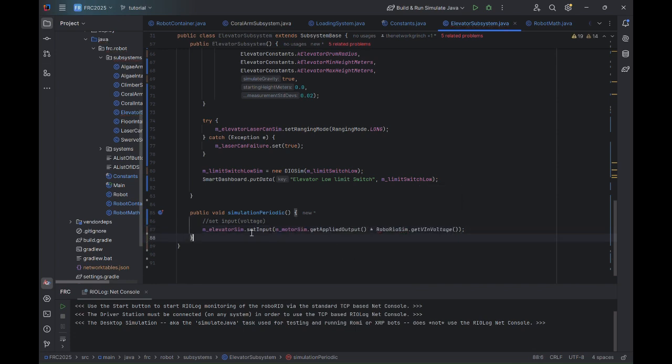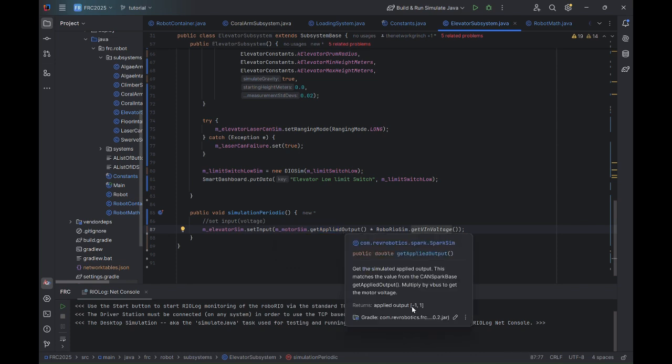So this sets up the inputs for the elevator simulation with the output voltage from the motor and the battery voltage. And this output should be a value between -1 and 1.